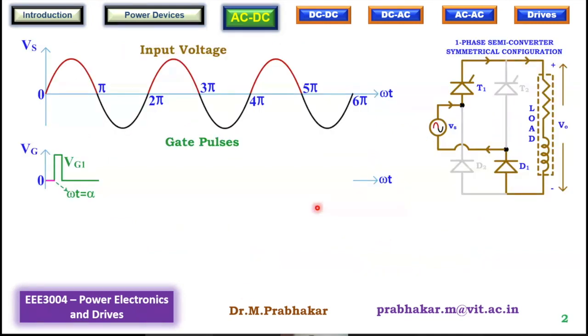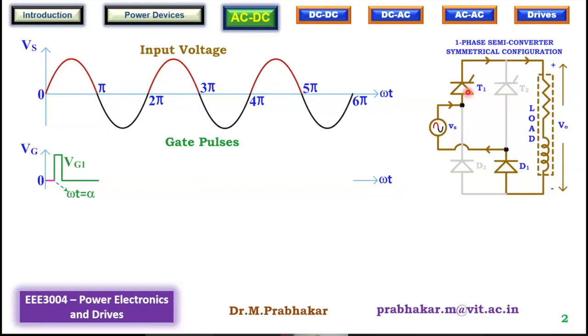Now let us look into the operating principle. As always, we assume an input sinusoidal voltage of Vs equal to Vm sin omega t, which is plotted over here. This is the input voltage, and it will be applied across the bridge. From omega t equal to 0 to pi, the supply is positive.